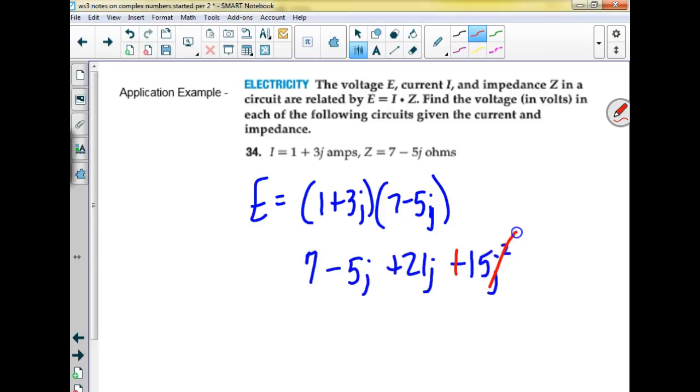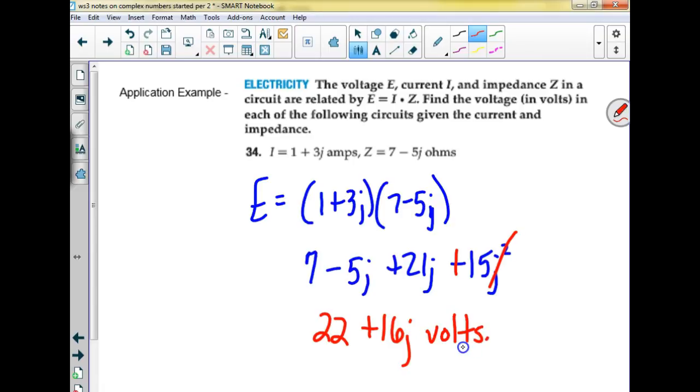Yeah, plus 15. So then we'd have 22 plus 16j, is that right? And it is voltage. It says they want that in volts.